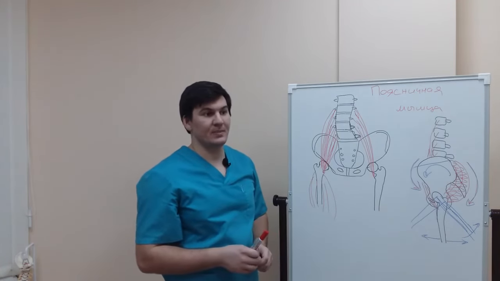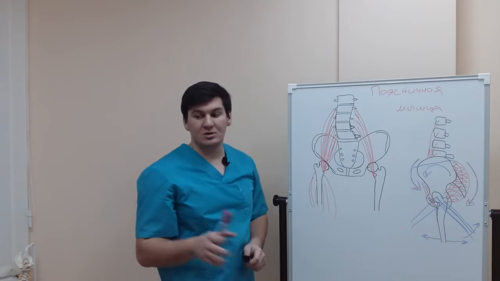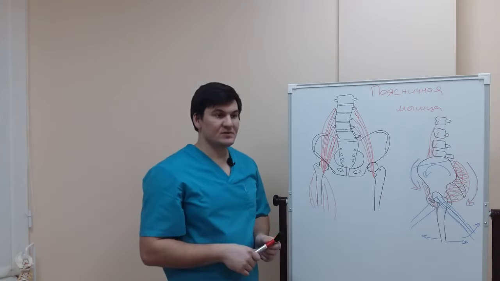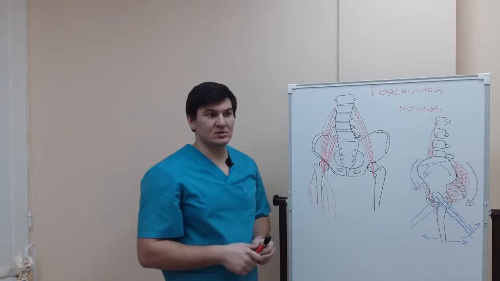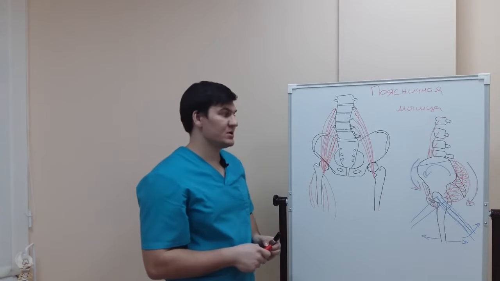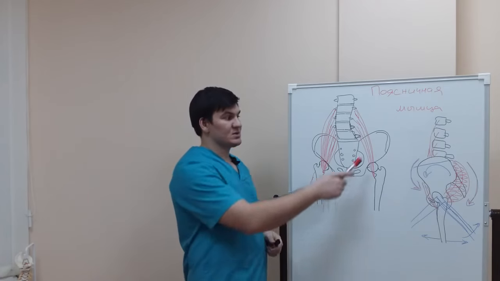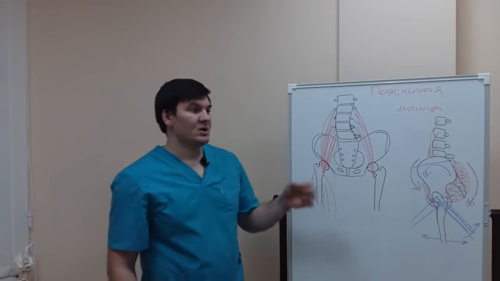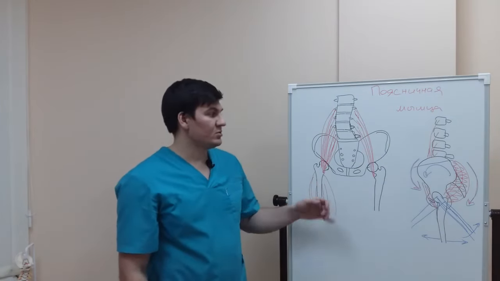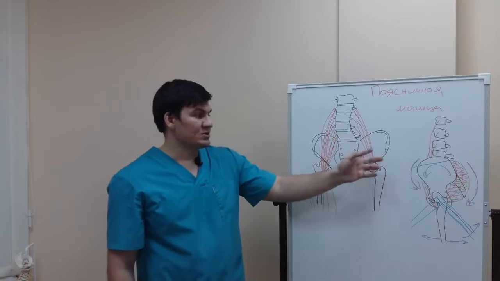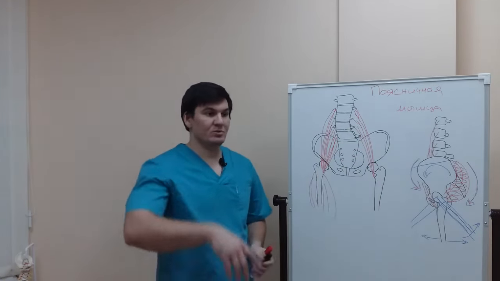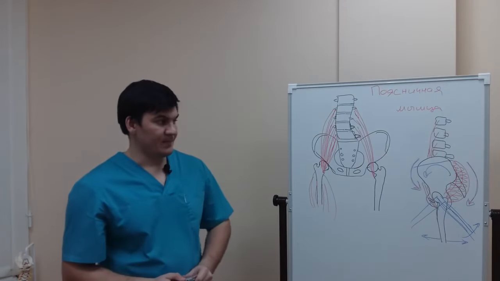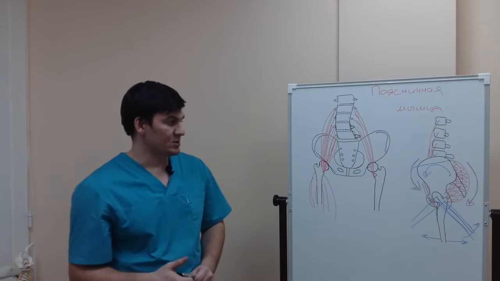In this case, when a person is lying down, the kidney is in its place, and when a person stands up, it drops somewhere within 3 centimeters, changing its position. This is associated with an insufficient volume and a lack of tone of the psoas muscle. Just like the fat capsule around the kidney, it also forms the kidney bed. And with a decrease in its volume, the kidney just starts to move back and forth. In some cases, such disorders occur.